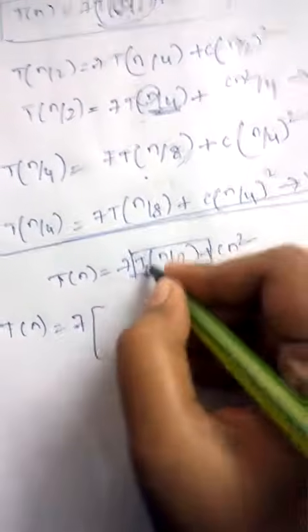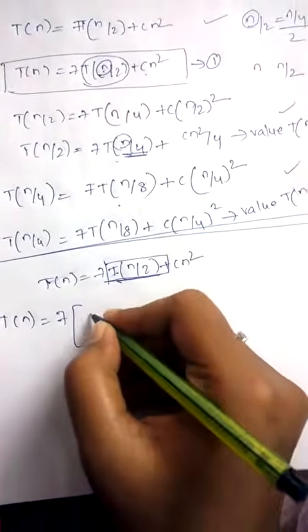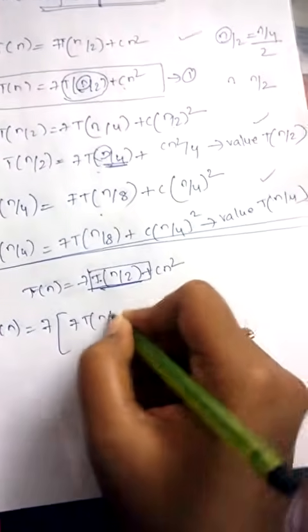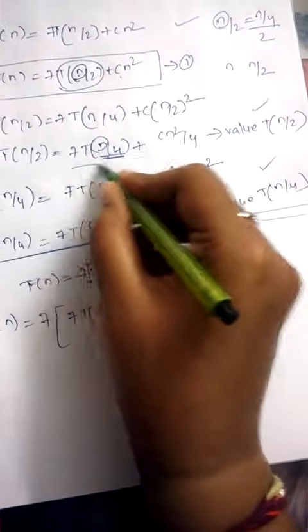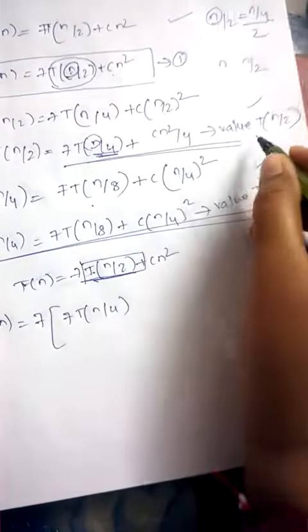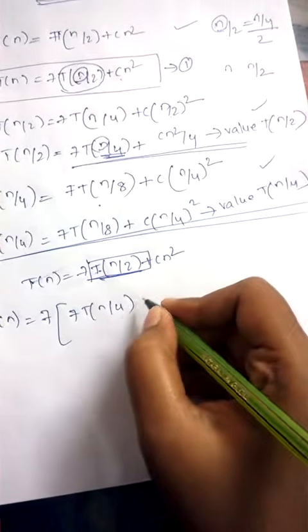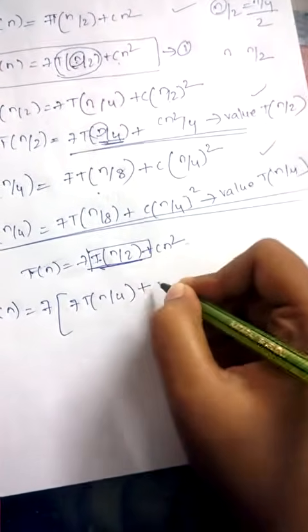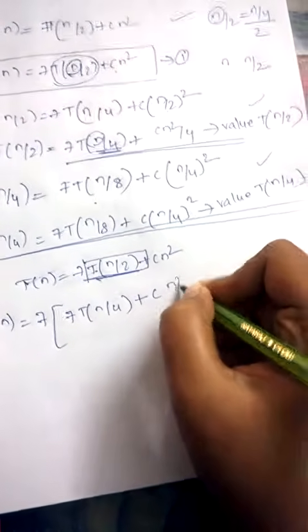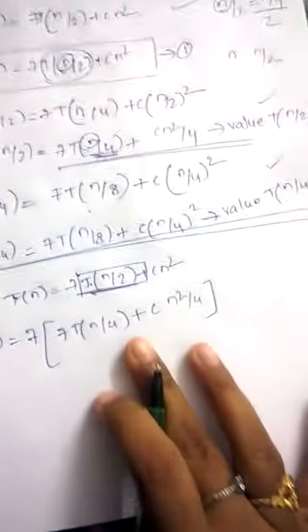Now let's see how. T of n is equal to 7 of T of n by 2 value, which we already found. It is this: 7T of n by 4, this one value of T of n by 2, plus cn square by 4.